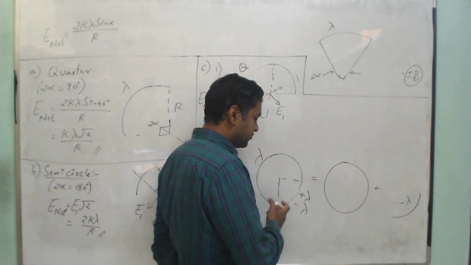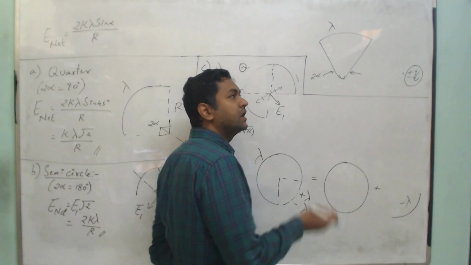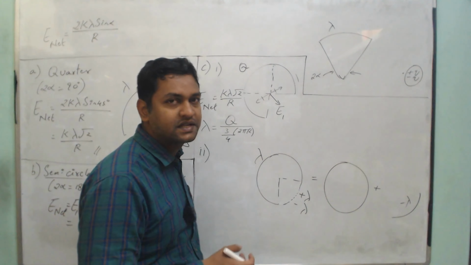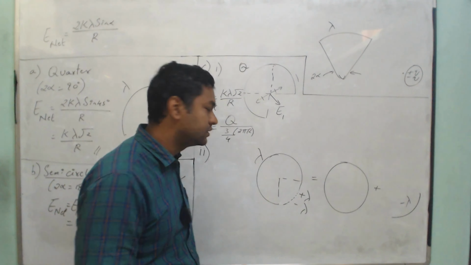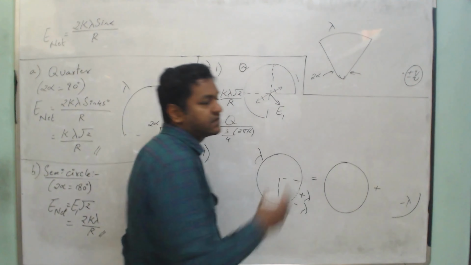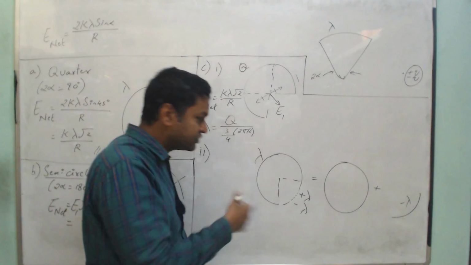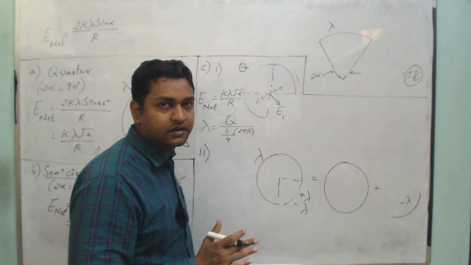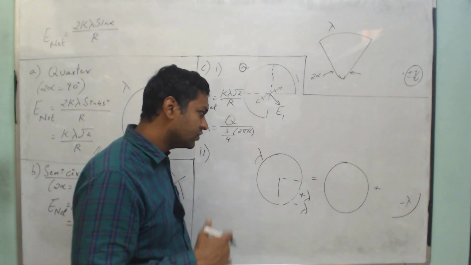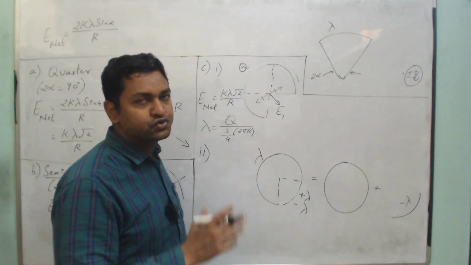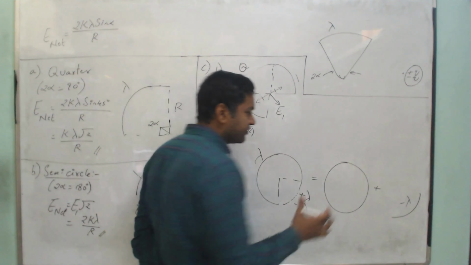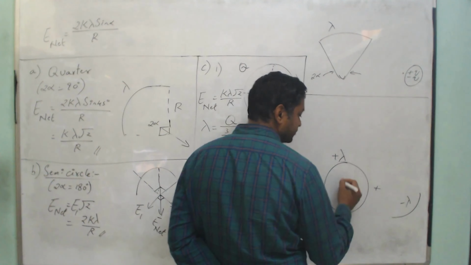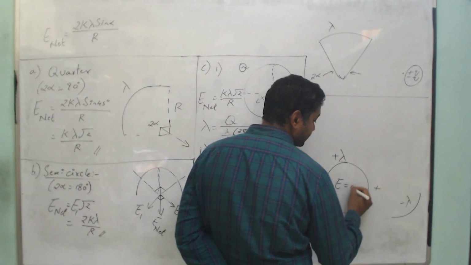At the fourth quarter, let me add a wire having a charge plus lambda per unit length and also minus lambda. So eventually, I will not have anything in the fourth quadrant, right? And I can treat it as two separate situations. One having plus lambda everywhere and it becomes a full circle, and the electric field due to this is 0.